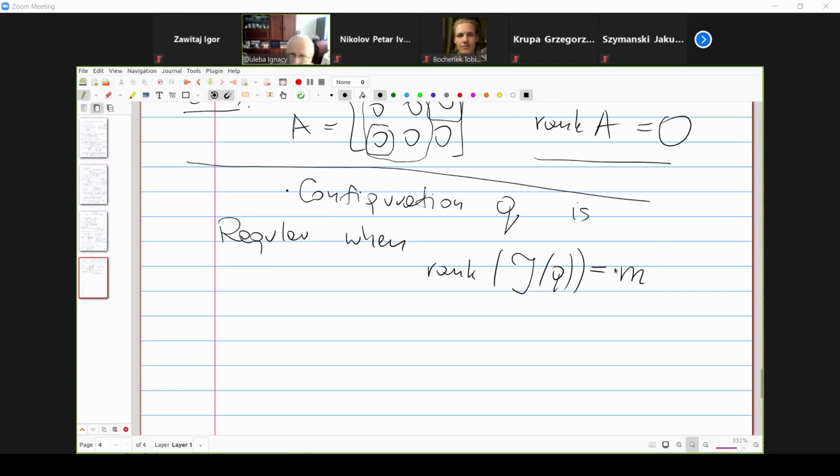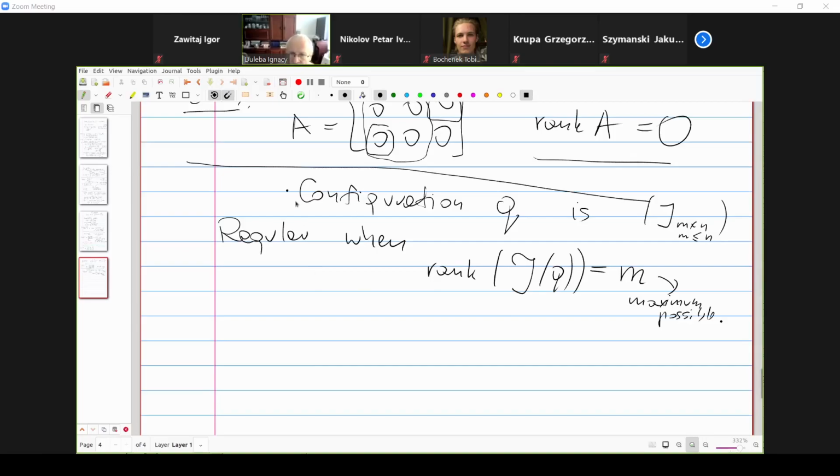So it is equal to M. Let's recall that the Jacobi matrix is M by N, and M is the maximum possible.